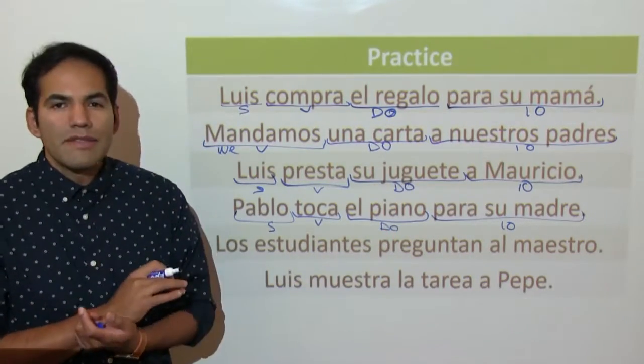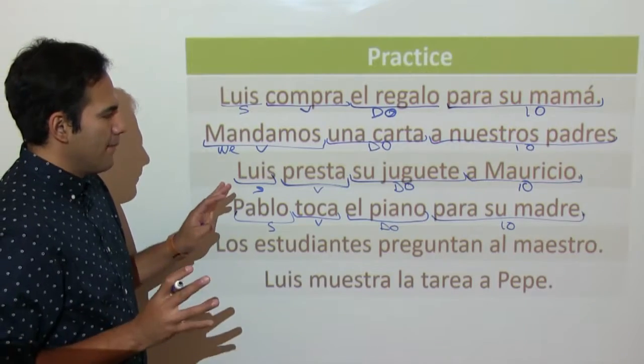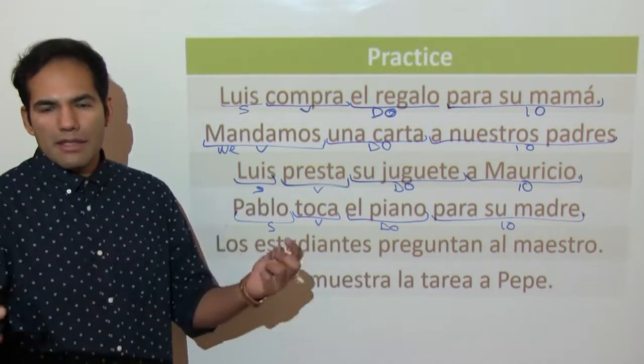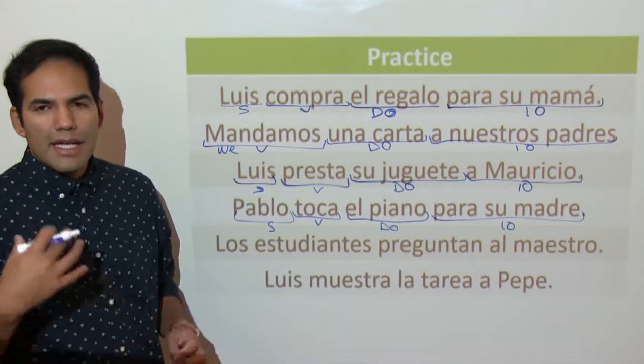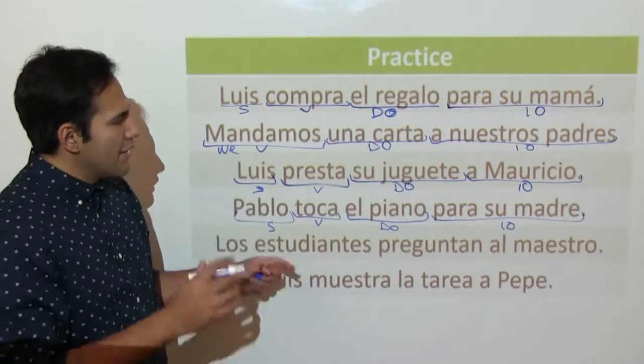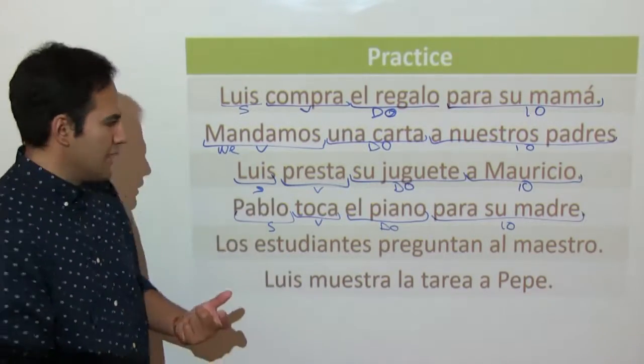And like I said on the previous video, I really like doing this, just making sure you know how everything fits in a sentence. It gives you a good idea of what role every part of the sentence is playing.